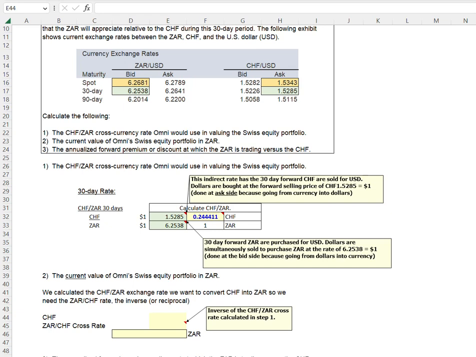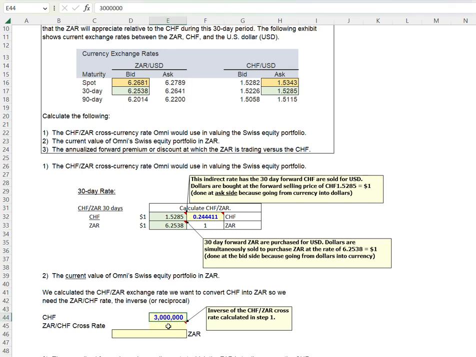However, we want to convert Swiss francs into ZARs, not ZARs into Swiss francs. So we need the ZAR per CHF exchange rate, which is simply the reciprocal of the CHF to ZAR exchange rate we calculated above.